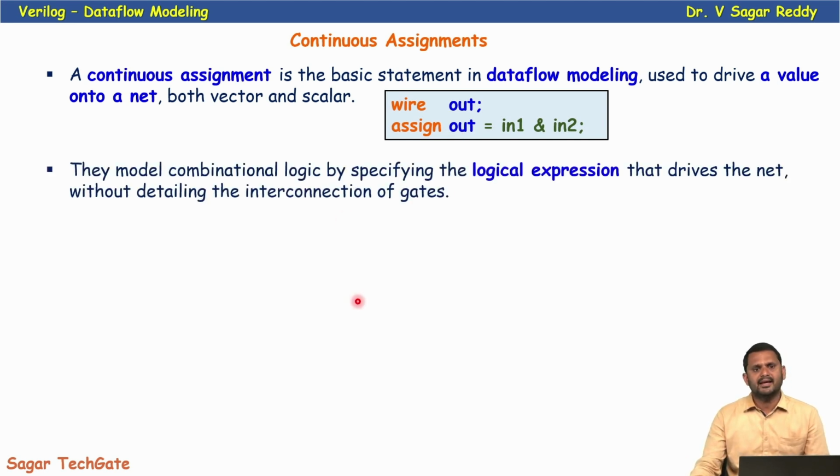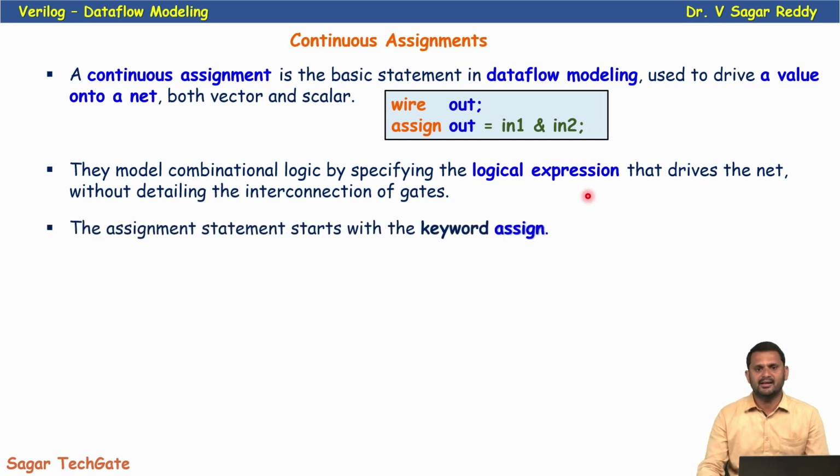Right? These continuous assignment statements are used in data flow to model combinational circuits. They model combinational logic by specifying the logical expression that drives the net, without detailing the interconnection of gates. Clear? The assignment statement starts with the keyword assign. I'll give a simple example here.